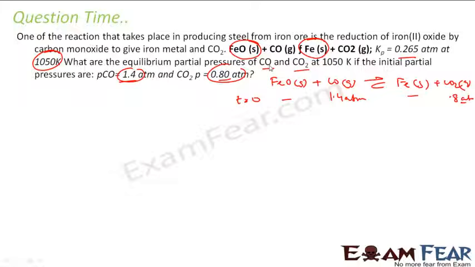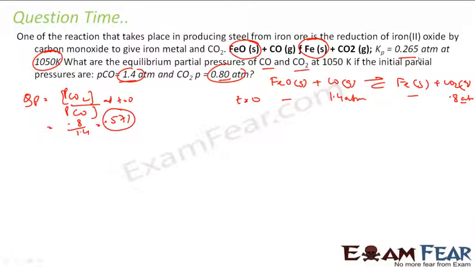I don't know. Let's find the value of Qp then. Qp is the pressure of CO2 by the pressure of CO at T equal to 0. That is 0.8 by 1.4, that is 0.571.